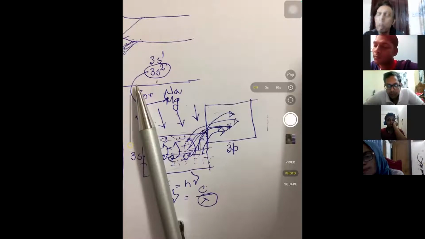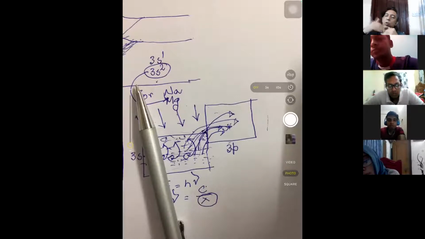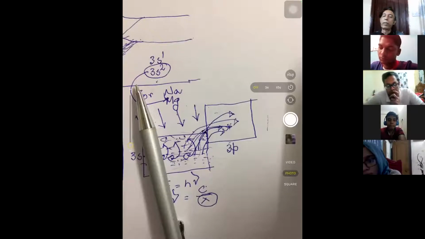All the energy of the light is absorbed by the electrons of the metal, and the electrons go from the valence band to the conduction band. Now, when the electrons come back from the conduction band to their valence band, they release that energy of light.